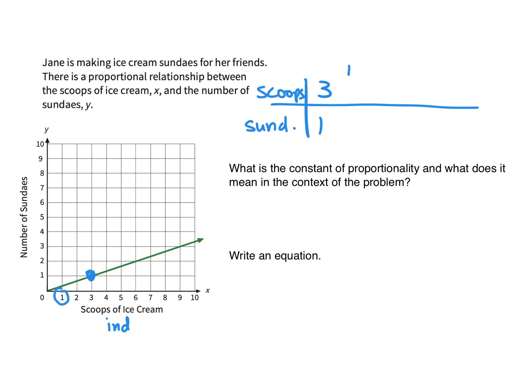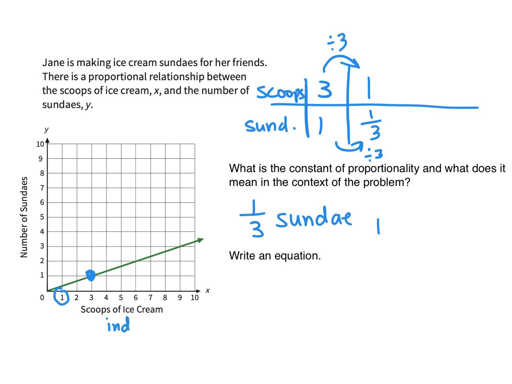I would want to get down to 1 scoop. And that would give us 1/3. So I would say 1/3 of a sundae per, or for 1 scoop. And when we write our equation, we're looking for the connection between scoops and sundaes.